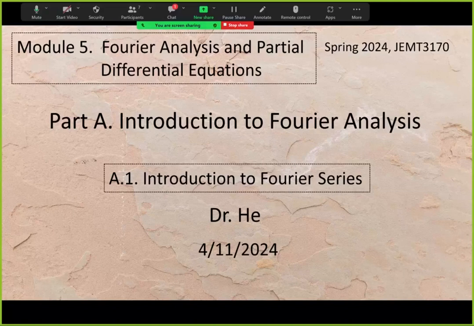Question from Ian, let me look at the chat. Now we have one less quiz, and the weight, yes, you're right, we scale. Don't worry, because there is one less and I scale a little bit. I remember I did it like this.